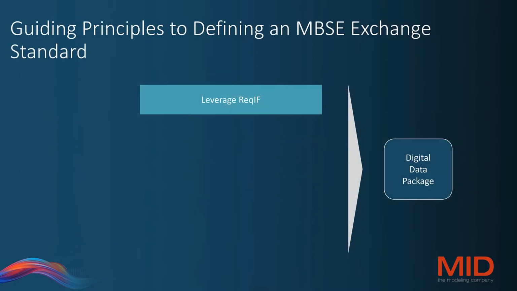So our guiding principles for defining a new way of collaboration in systems engineering are: number one, leverage RecIF. It is a well-established standard, it's supported by many tool vendors, and it simply makes sense to use it for collaboration.